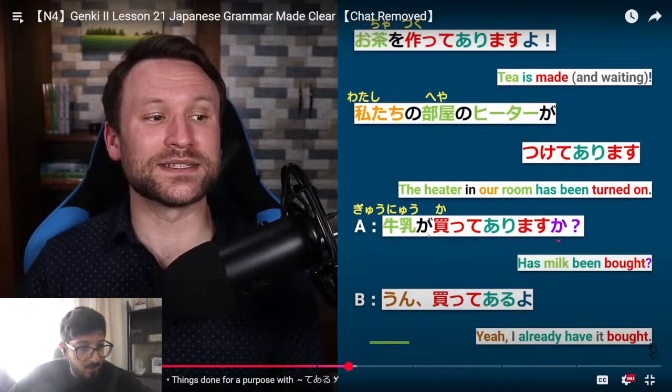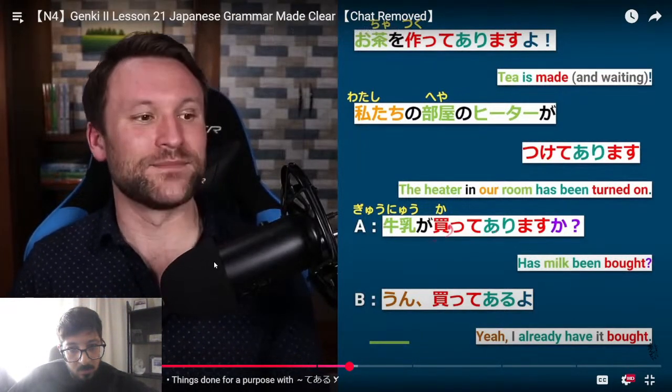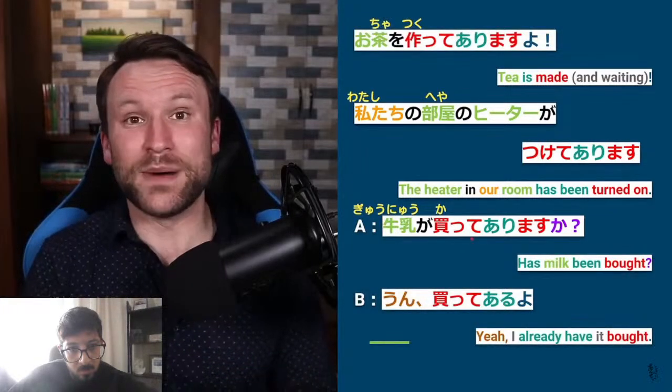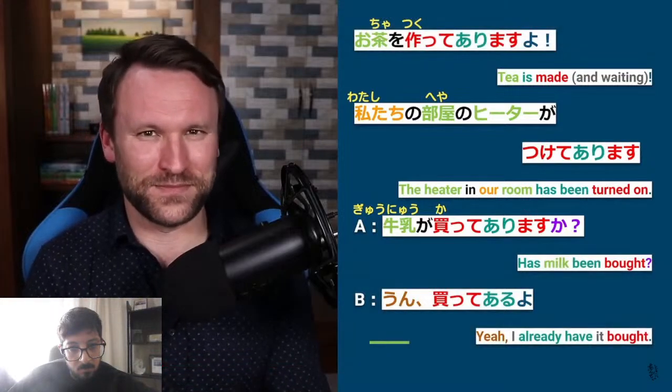Well, when you make tea as a form of preparation, junbi, here for example, 牛乳が買ってありますか？ Has the milk been bought, to show preparation. So I'm asking here, has milk been bought? So it's not did you buy milk? It's do we have milk is what's more being implied here.